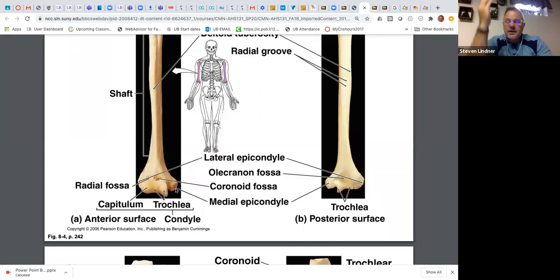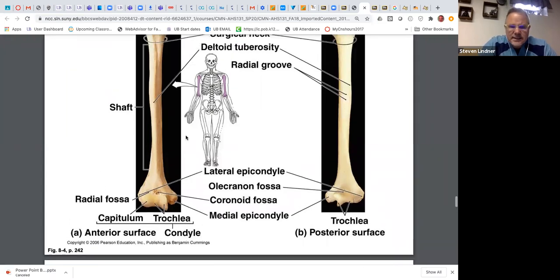That groove is where the ulnar nerve is. That's your funny bone. So when you accidentally bump that, you'll get a zing right down into your fingers, especially half of the ring and the pinky. That's the funny bone. Nothing funny about it. It is the ulnar nerve.